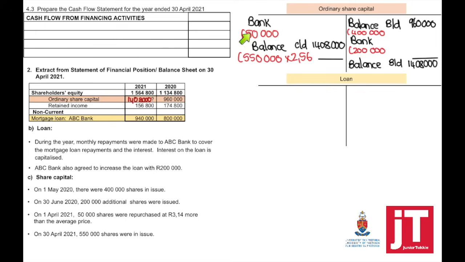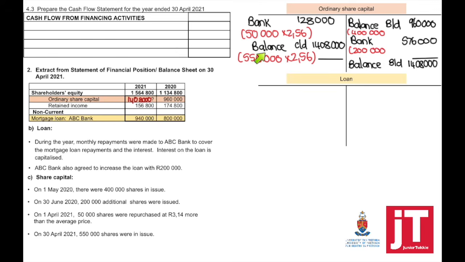Whenever the repurchase of shares happened after the issuing of shares, we can calculate the average price by taking the balance at the end. So we take the total divided by the number of shares, and that equals my average price.